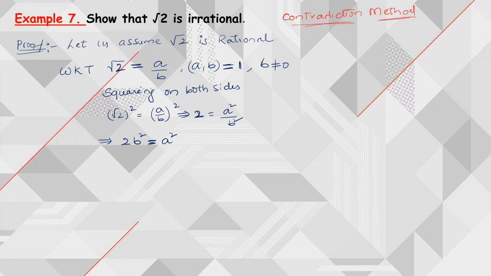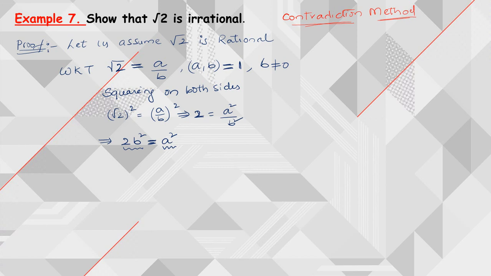Now clearly, if you observe, a square is equal to 2 times b square. Already we have learnt in the previous theorem about when a number divides a square.